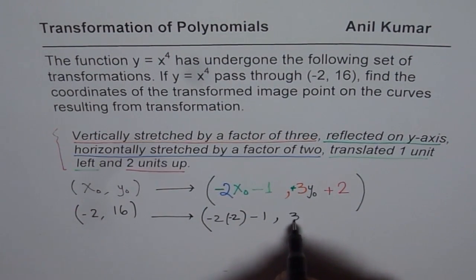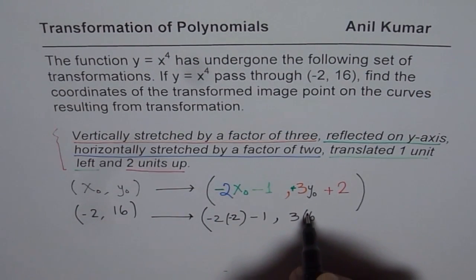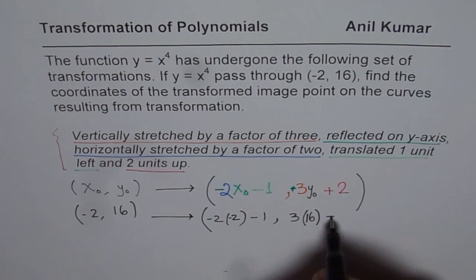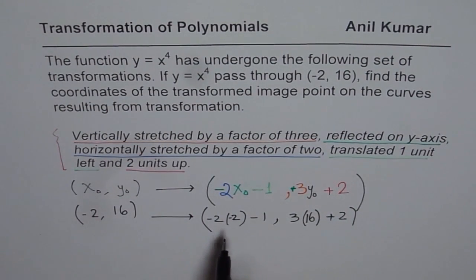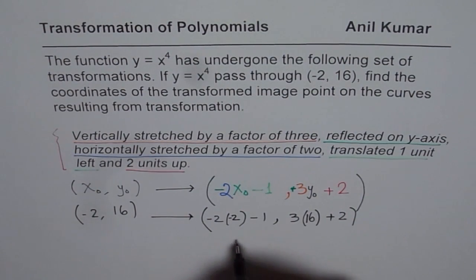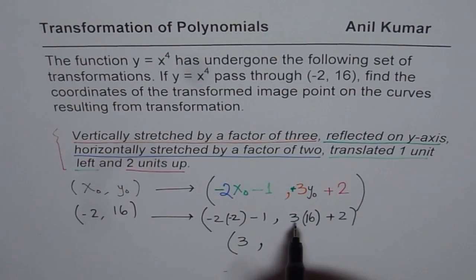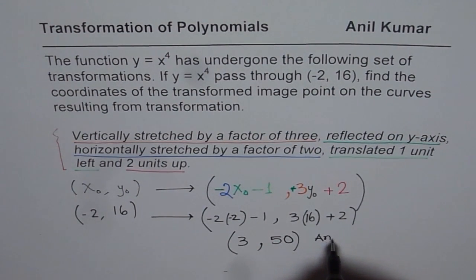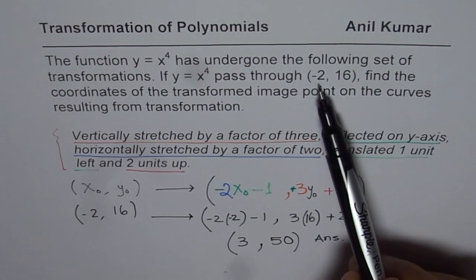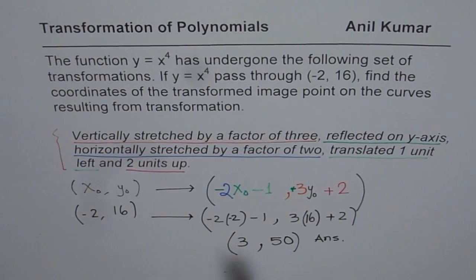The y value will be 3 times 16, plus 2. So that results in minus 2 times minus 2 is plus 4, minus 1 is 3, so we get 3. The y value will be 3 times 16 is 48, plus 2 is 50. So that is the answer, right? So on the transformed curve, the original point (-2, 16) will be (3, 50), and that is how you get it.